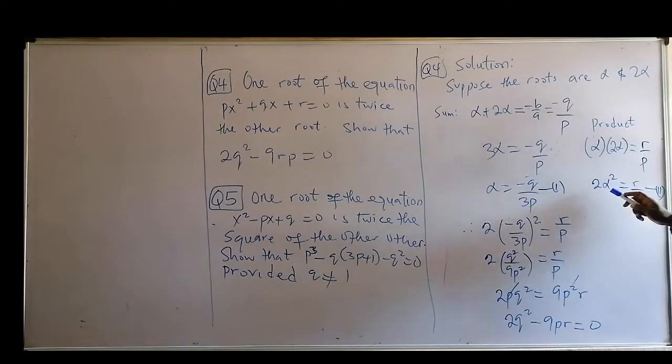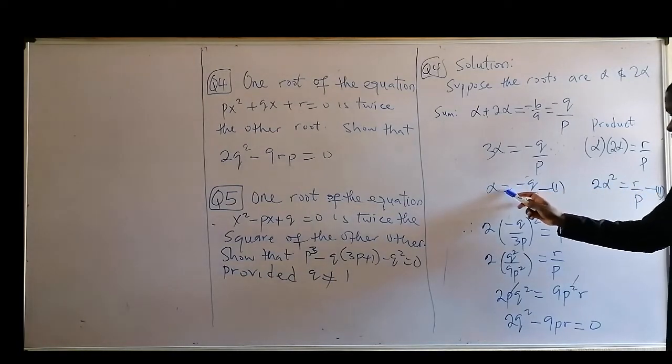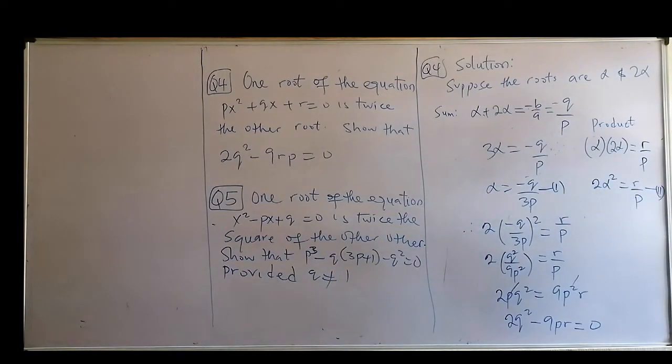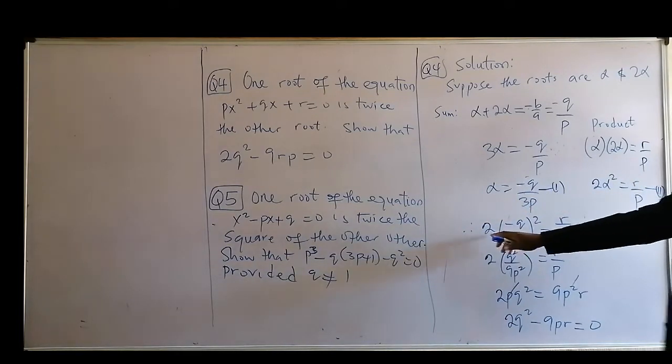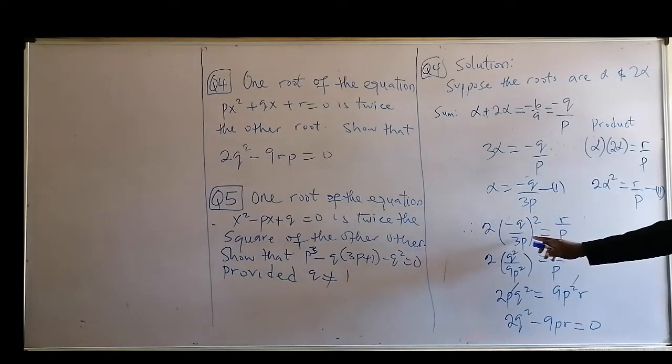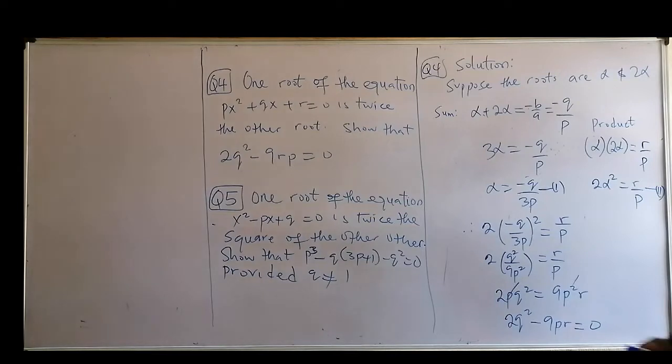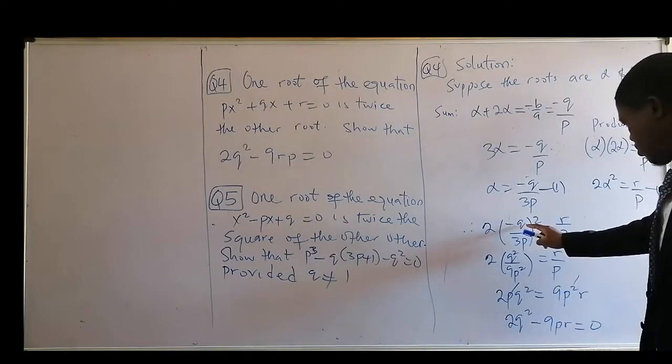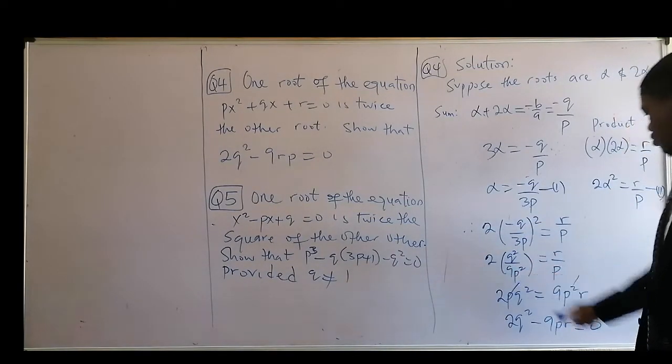For the product, you have this one times this one, that's 2 alpha squared equal to r over p. So plug this one into 2, because this one is linear. Then you have 2 into brackets, your alpha squared will be this, equal to r over p. If you square this, that will be q squared over 9p squared.